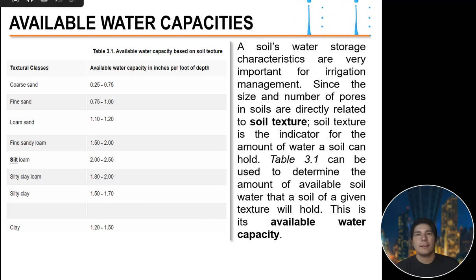So as soil water storage characteristics are very important for irrigation management, since the size and the number of pores in soils are directly related to soil texture, soil texture is the indicator for the amount of water a soil can hold. So we are guided by this table, which can be used to determine the amount of available soil water that a soil of a given texture will hold. So this is what we call the AWC, no, or the available water capacity.